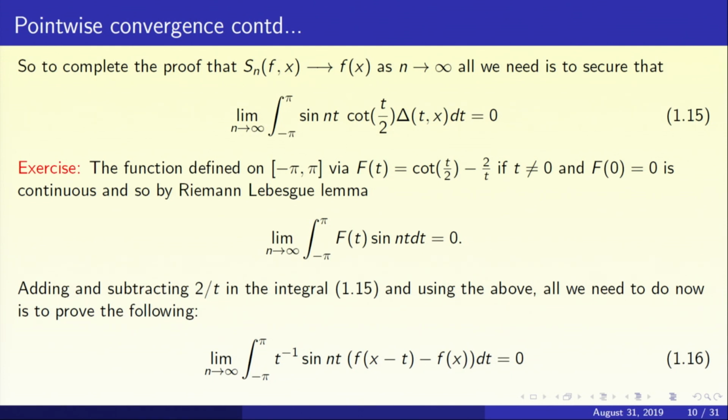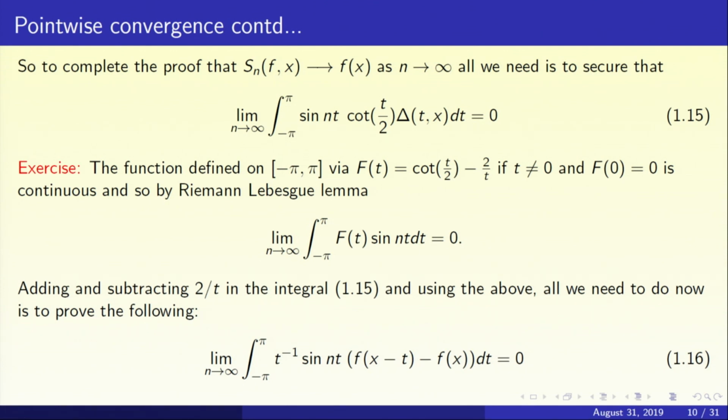Now this piece again goes to 0, plus the remaining piece. We subtracted 2 by t, so we must add 2 by t. So I must prove this additional piece goes to 0.